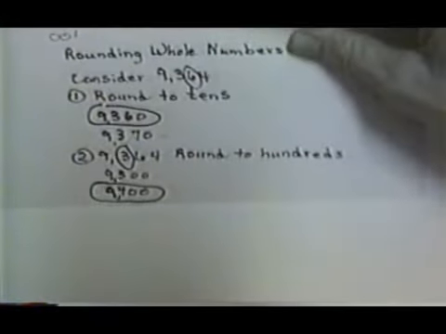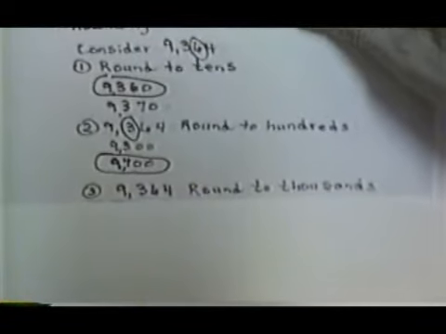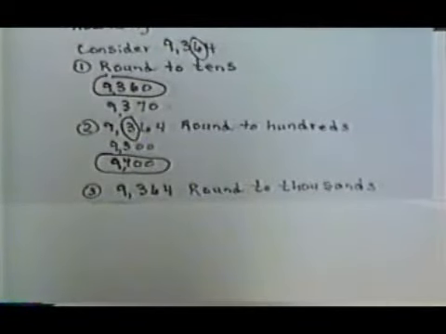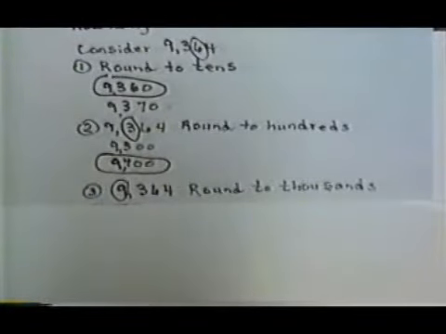Let's look at one more example. Let's look at 9,364 again, and this time let's round it to thousands. If we were going to round to thousands, the 9 is in the thousands place. So we have to decide whether we're closer to 9,000 or whether we're closer to 10,000.